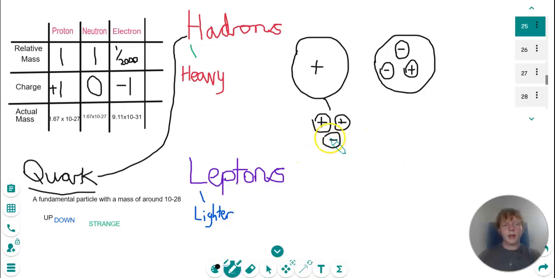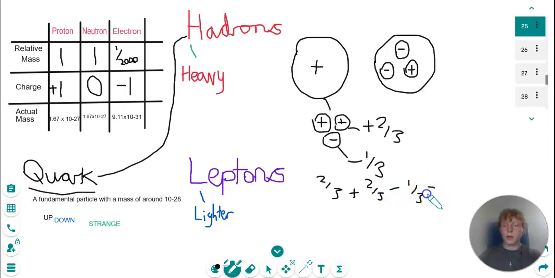Okay? If we do a bit of maths real quickly, in a positive quark, an up quark, it's got a charge of plus 2/3, and a minus quark has a charge of minus 1/3. So if we do 2/3 plus 2/3 minus 1/3, we'll get plus 1.